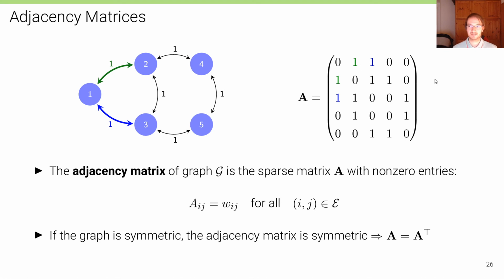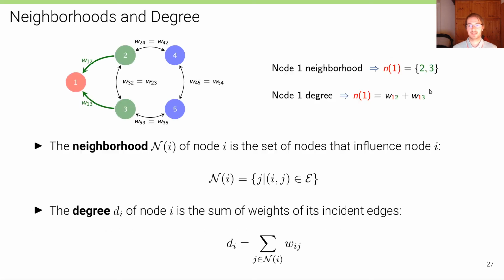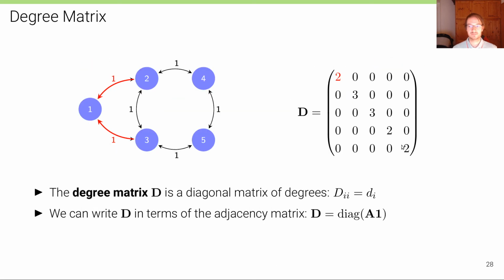In the second element we get the sum of these 3 elements, which is 3. And so we arrive at the same matrix. The diag operator here just indicates that we're taking a vector and converting it into a diagonal matrix.